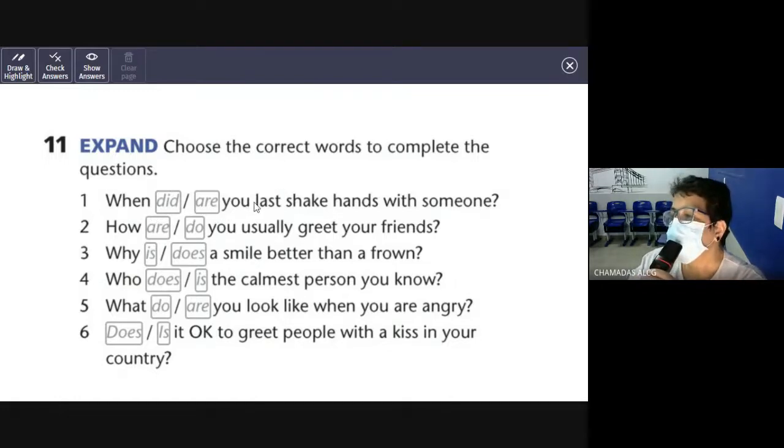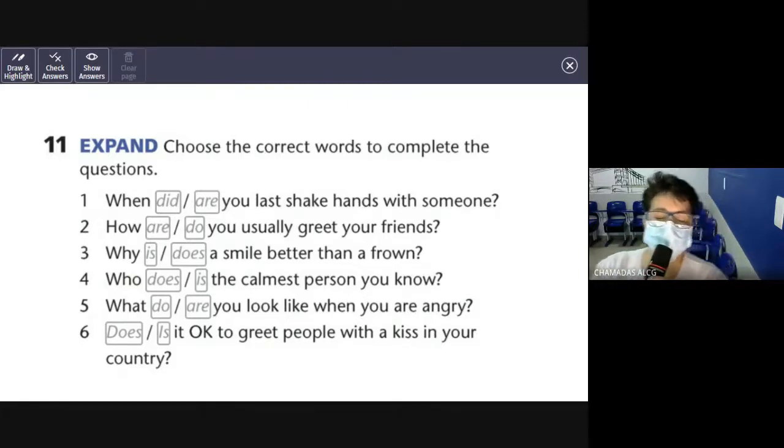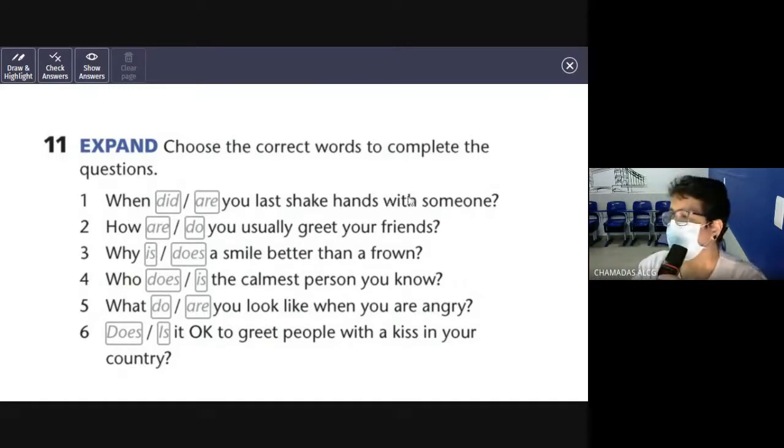When you last shake hands with someone, do you understand the meaning of shake hands? Who knows? What is to shake hands? Who knows?